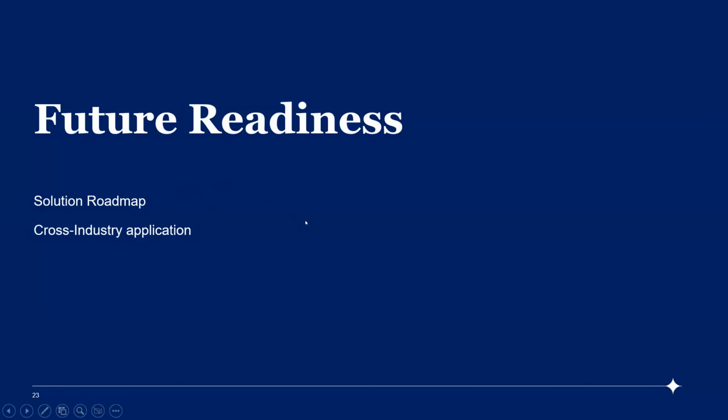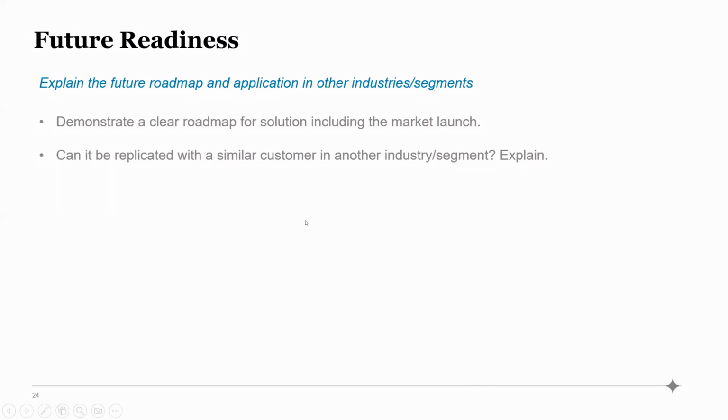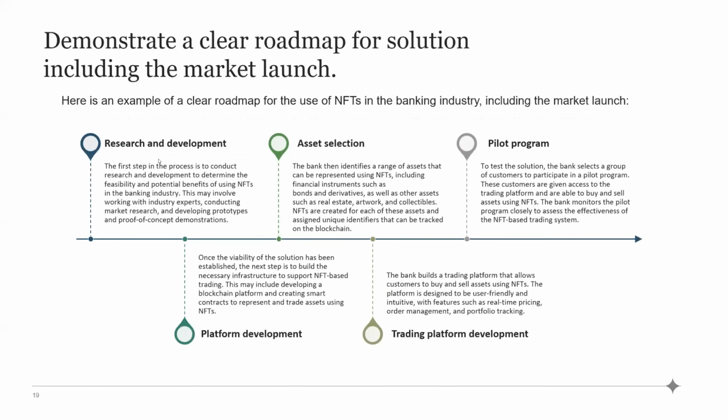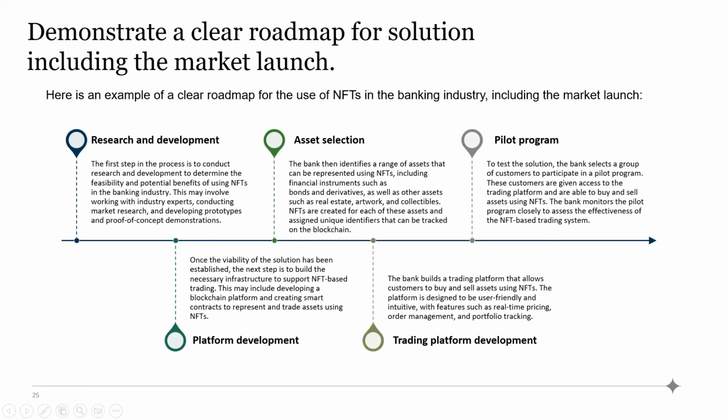Here is a solution roadmap for the entire path. First includes research and development. In this step, we will conduct research and development to determine the potential benefits of using NFTs in the banking industry. This involves working with industry experts in banking and NFTs, and blockchain developers. And then platform development.